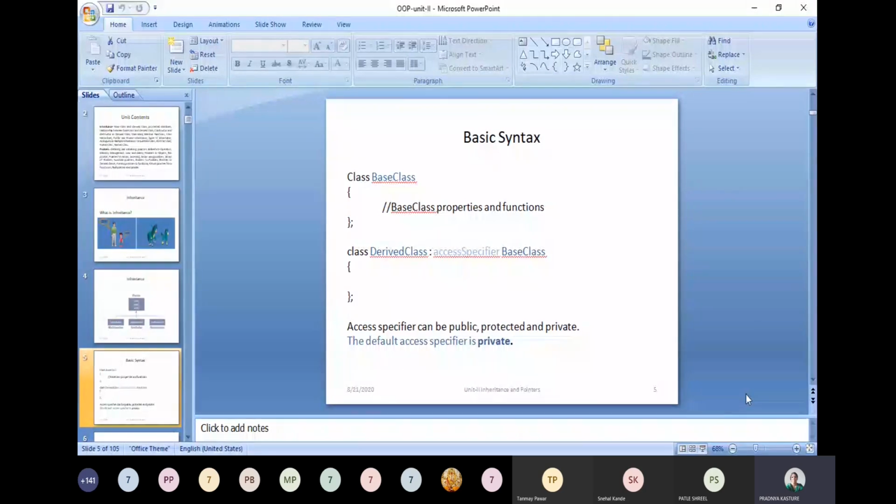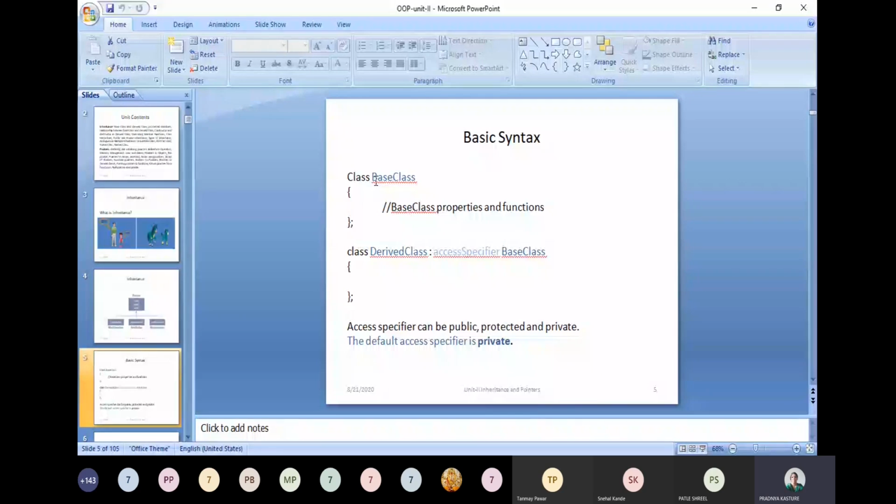Now we will see the basic syntax for inheritance. When you write a base class, you write it as it is: the class keyword followed by the name of the base class, then whatever member functions and member variables you need inside it. Next we write the derived class.